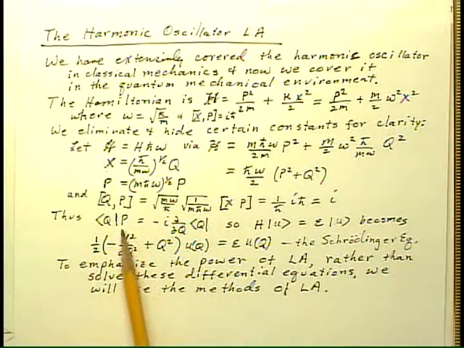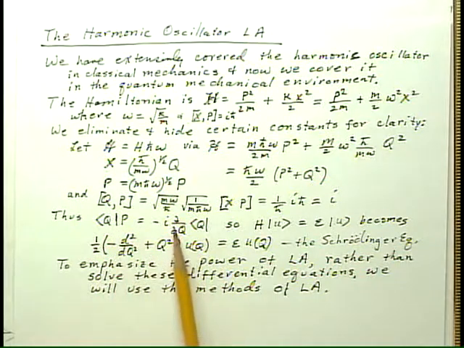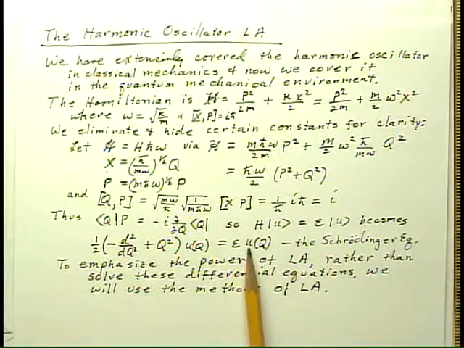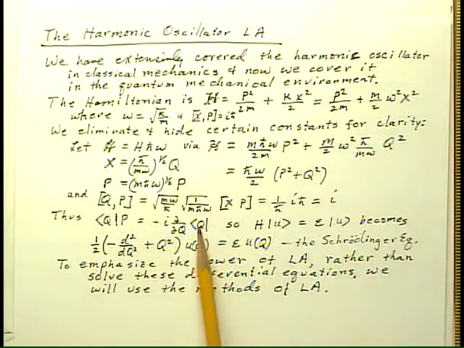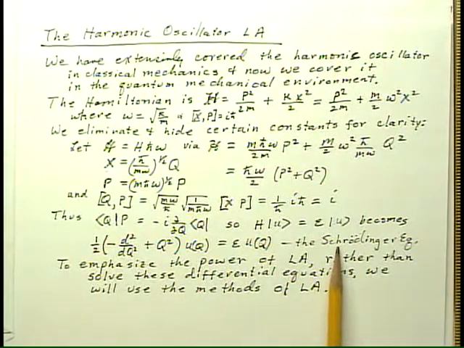We then are able to take position by analogy with our previous results, position eigenstate, and act with momenta, and we get this derivative with respect to capital Q. And therefore we are able to actually form a differential equation by letting Q hit H times U, and let Q hit both sides of this equation here, and we end up with E times the function U as a function of capital Q, and on the other side this differential equation, which is a Schrödinger equation for the harmonic oscillator.